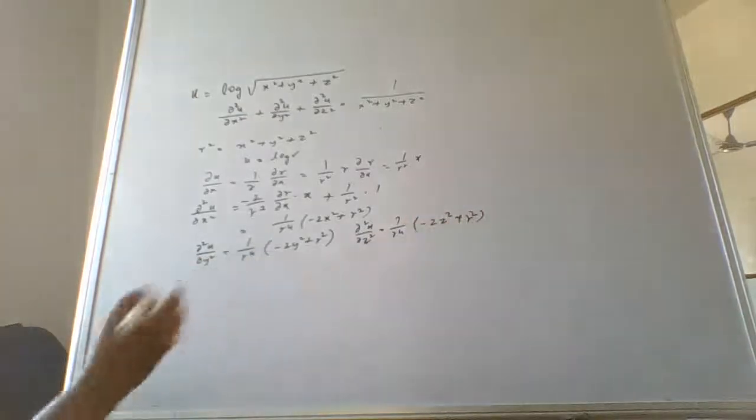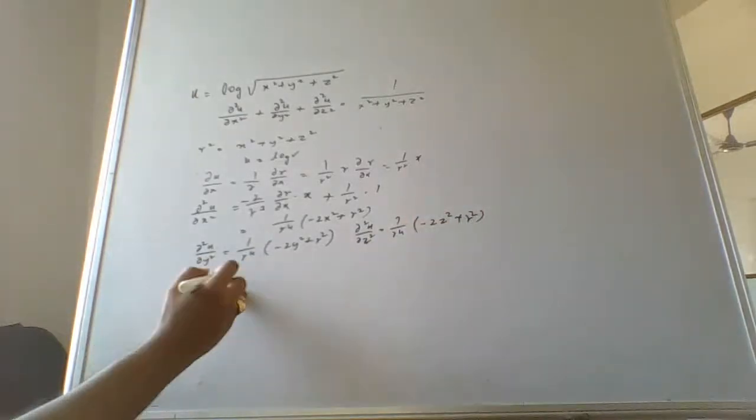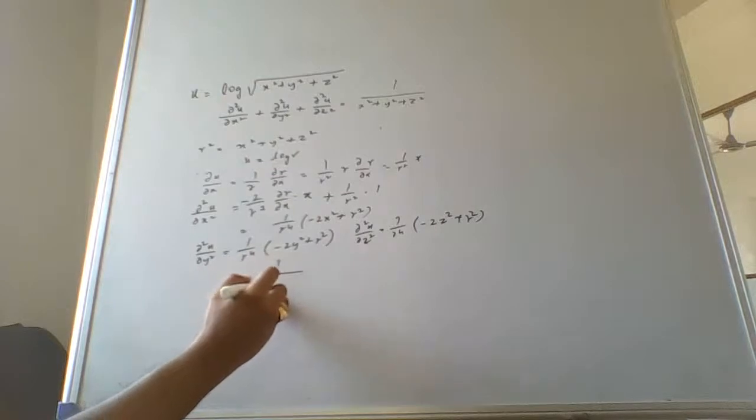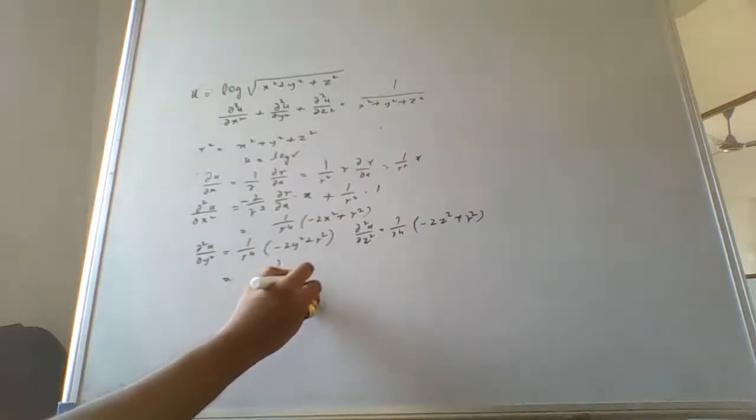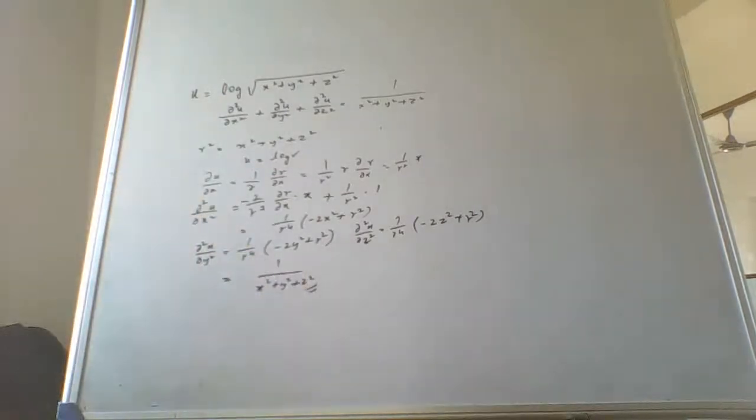Now let us add all these results. I get x square plus y square plus z square, which is required. I hope you understood this problem here.